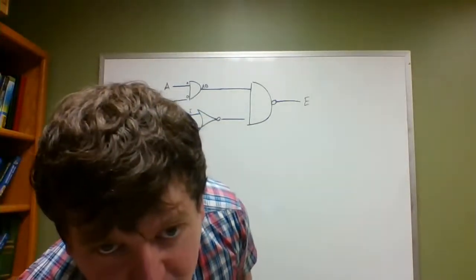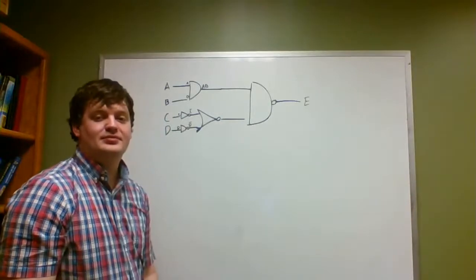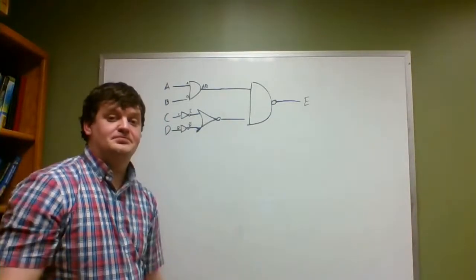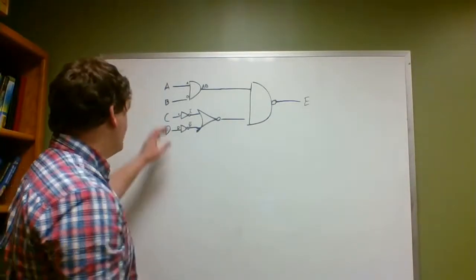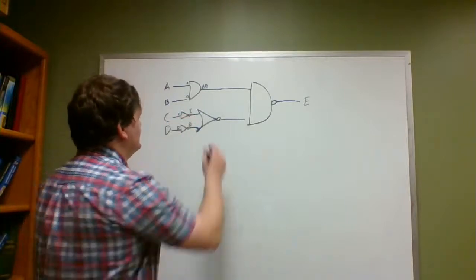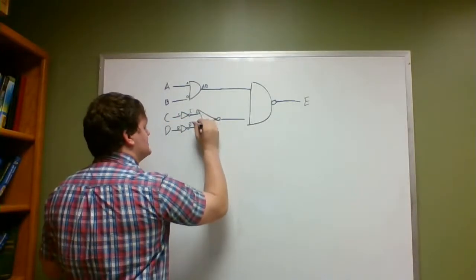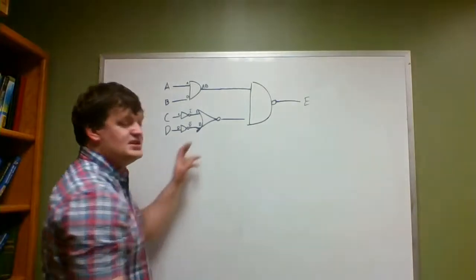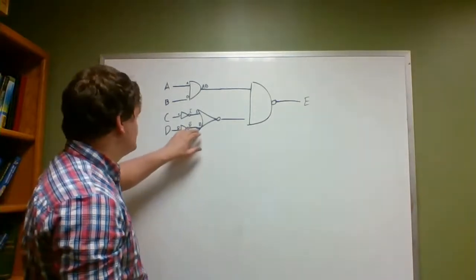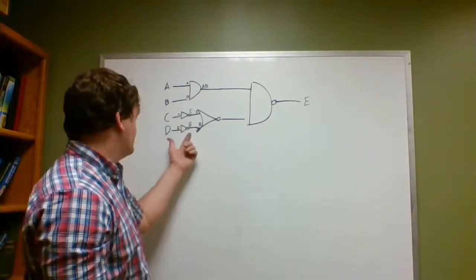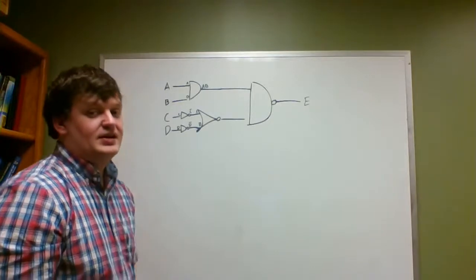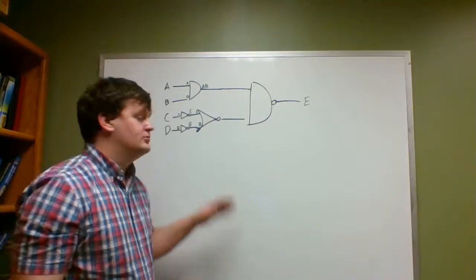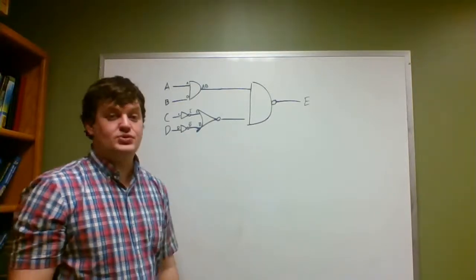I don't know if you can read that. Oh well. So we've got C NOT, D NOT. The input here now is C NOT. The input here is now D NOT. As those lines, they're the same. D NOT here, that's D NOT there. If D is not on, then that is producing an on signal.